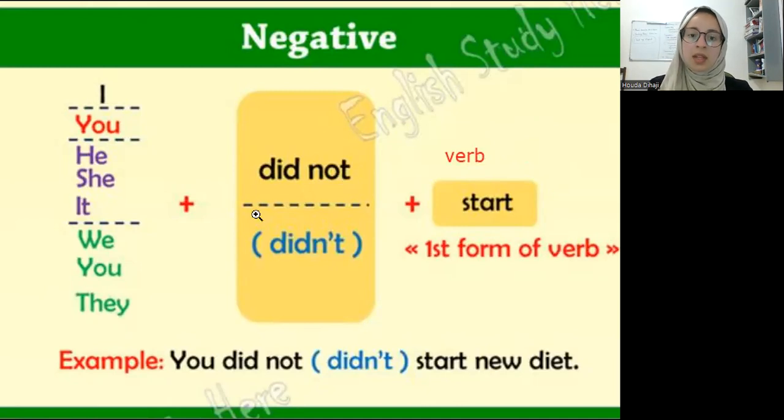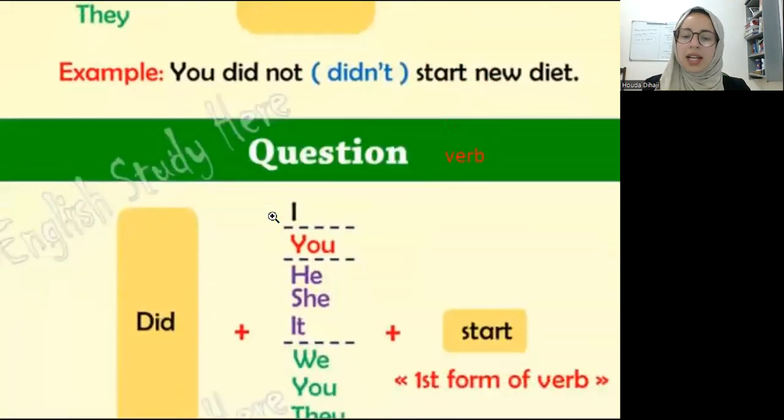Okay, so we say for example: I didn't eat spaghetti yesterday. I didn't play football yesterday. She didn't, okay let's use she didn't comb her hair yesterday. Okay, right, good.